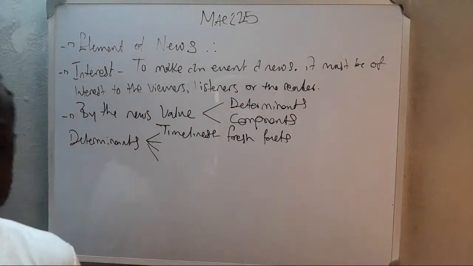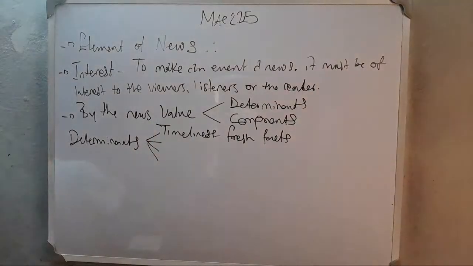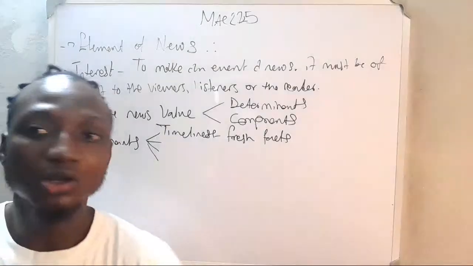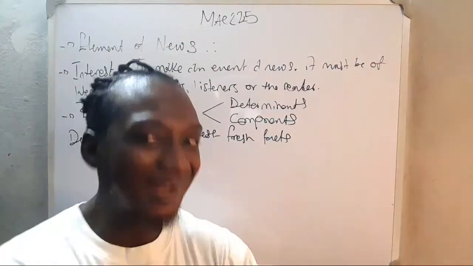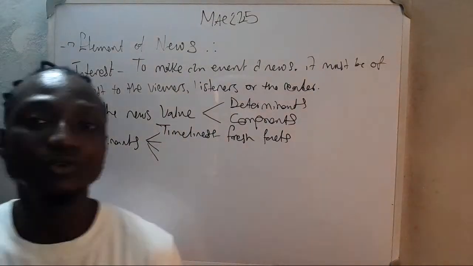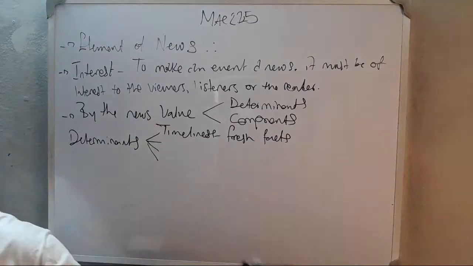That is just the fact. If an event or a situation doesn't affect you directly or indirectly, then you have no business with it. So human interest is also an element under determinants constituting the news value.